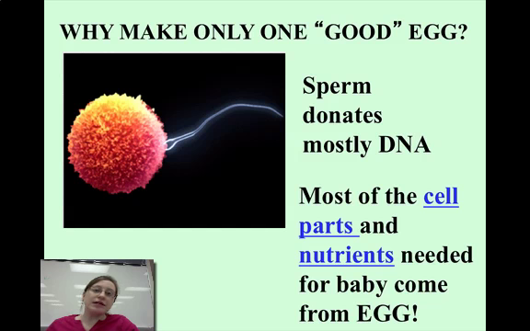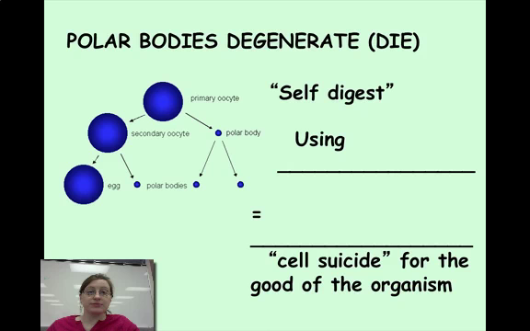But since the female is the one who is carrying the offspring or caring for them, she wants to make sure that she gives everything she can to that offspring. So that's one of the reasons why one good egg comes out of that, and those other 3, those polar bodies, never develop into egg cells. Okay, what happens to them is they're going to self-digest.